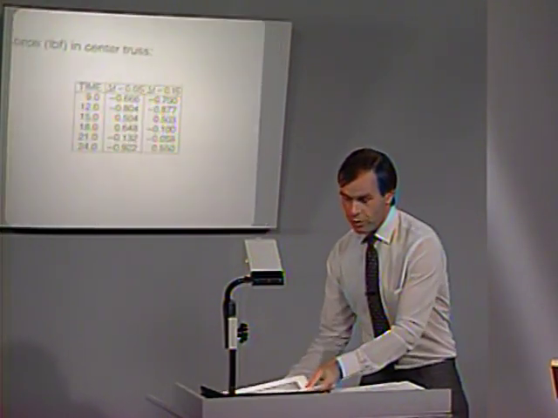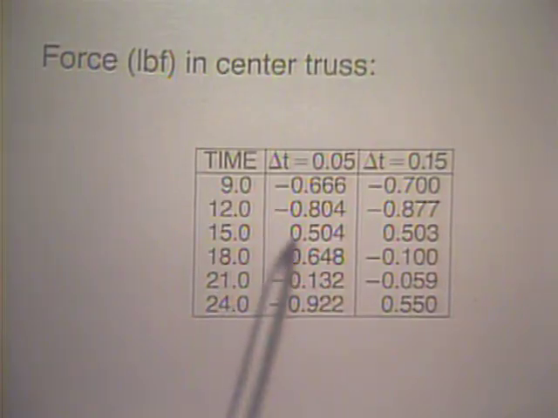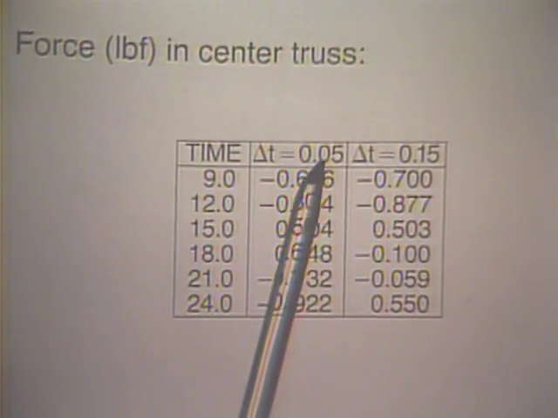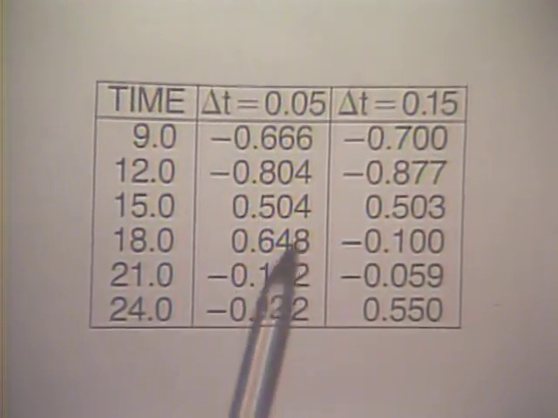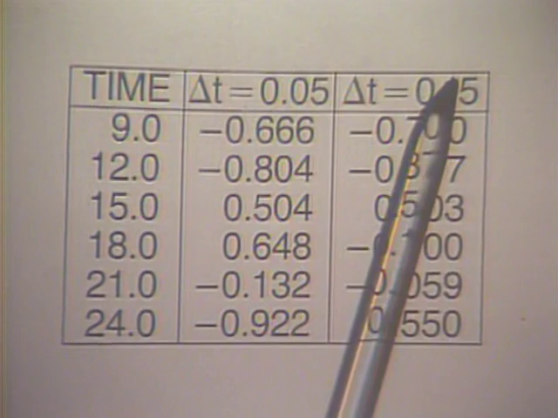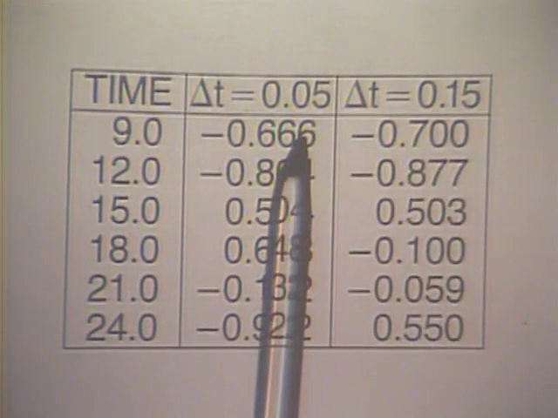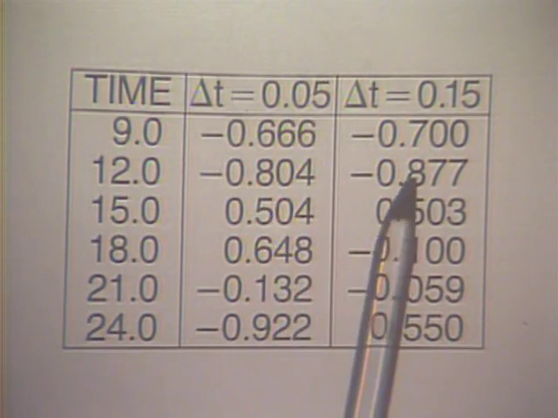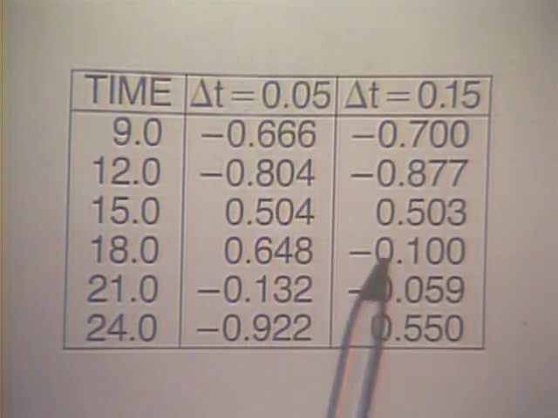Let's look at the force in the center truss. Here we list the time. Here we list the solution for delta t 0.05 seconds. And here we list the solution for delta t 0.15 seconds. And you can see here that at the beginning the forces compare quite well, and then the error becomes larger and larger.